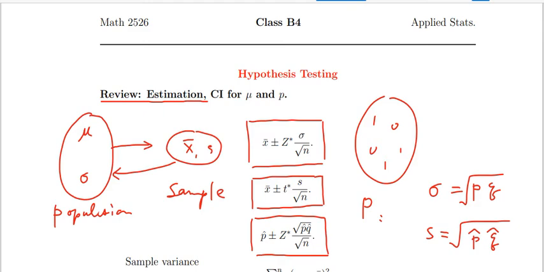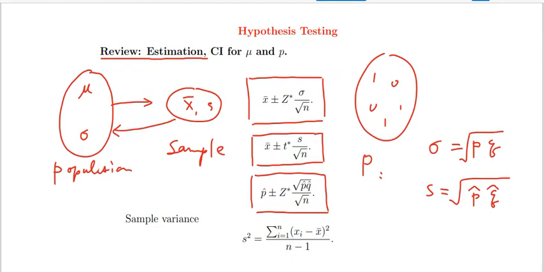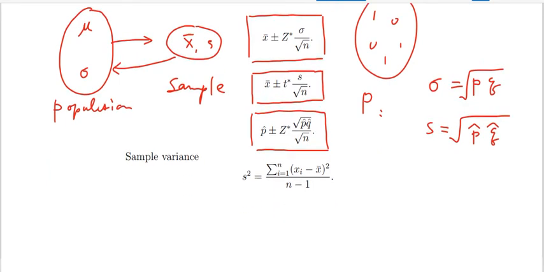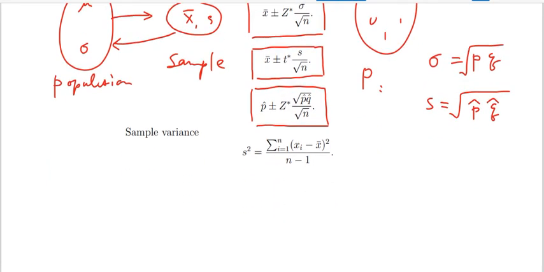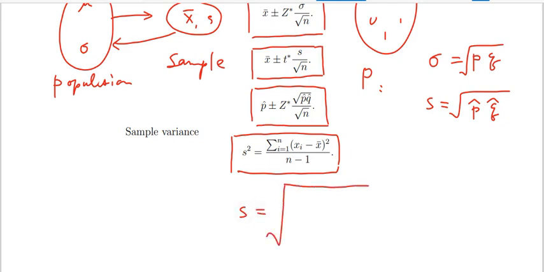Okay, so those are estimation problems. Typically, how can we find this sample standard deviation? We have a formula to find the sample variance. Use this formula to find the sample variance, then for the sample standard deviation, just take the square root.